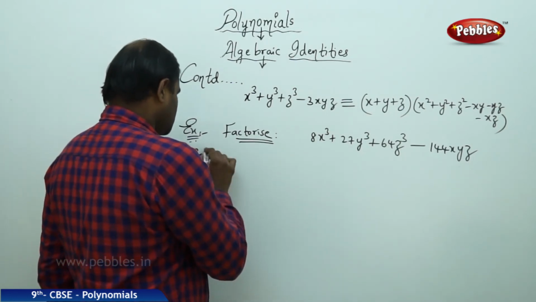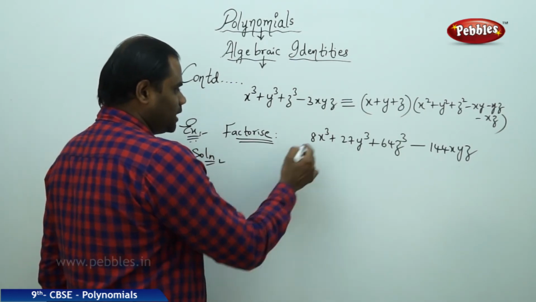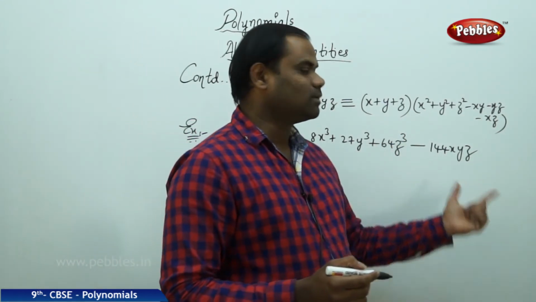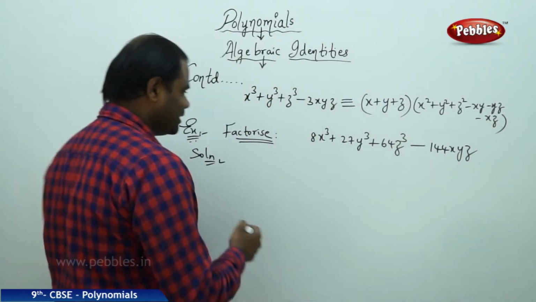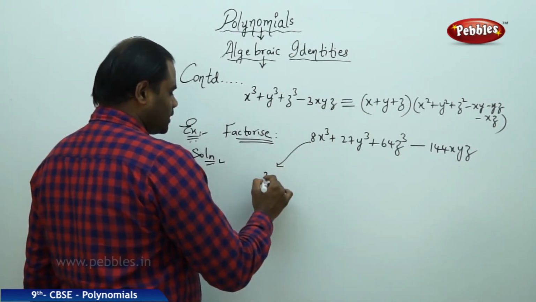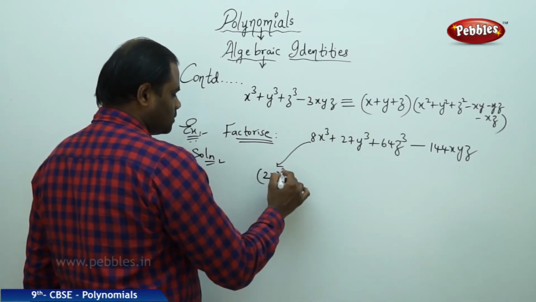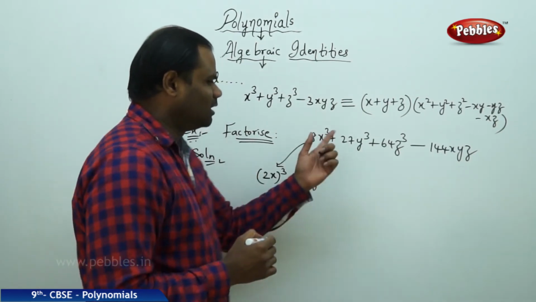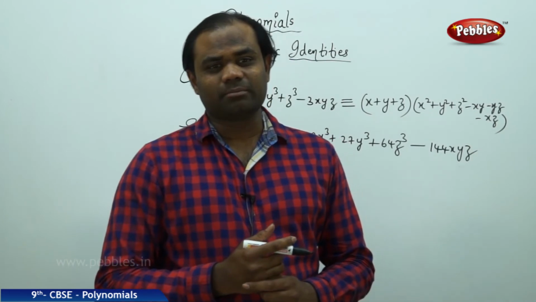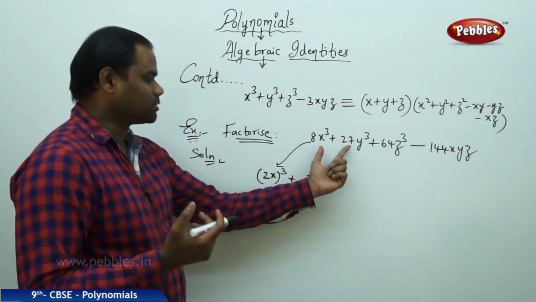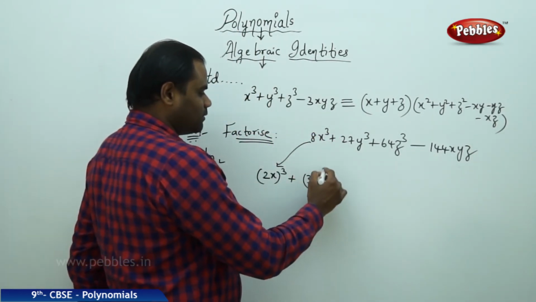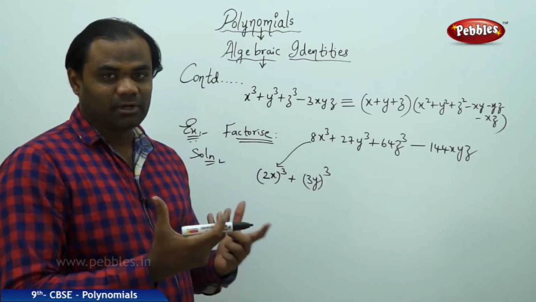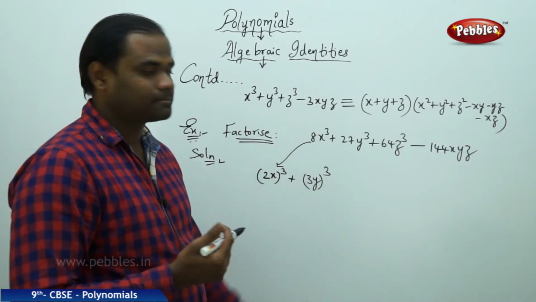Now, the given problem, which is 8x cubed plus 27y cubed plus 64z cubed minus 144xyz, can clearly be written as 8x cubed, which is 2x whole cube, plus 27y cube, which is 3 cube, can be written as 3y whole cube, so that this becomes the perfect cube of 3y.